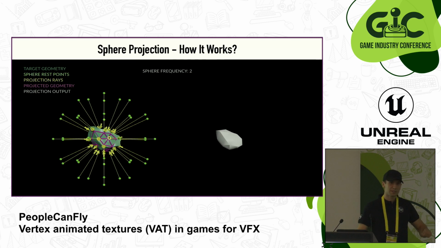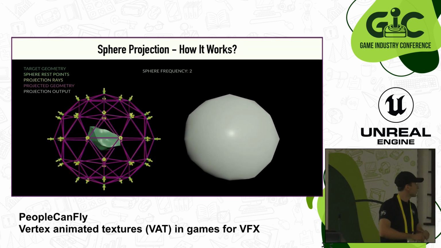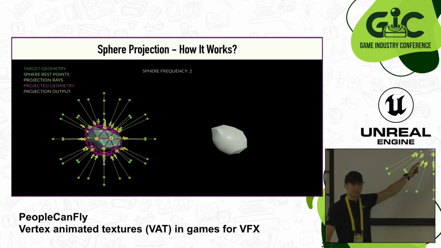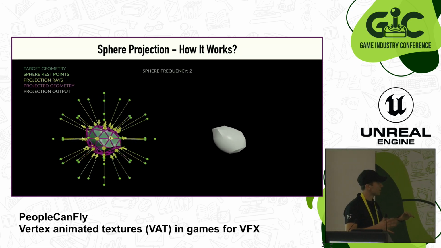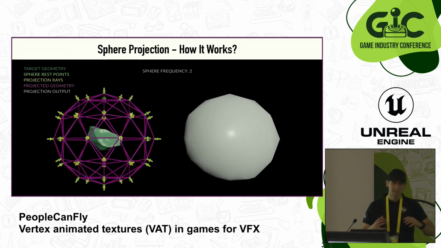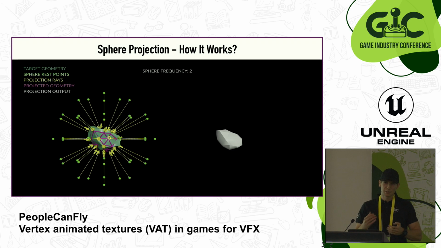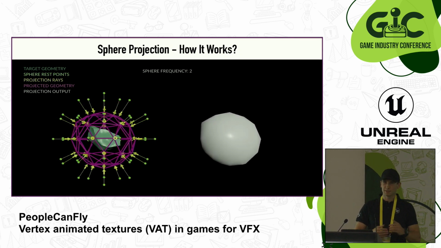And this is basically the geometry of this sphere projected on a target piece, which is represented by the green color here. And you can see that by just doing it, we are able to take the vertices from a sphere, and each chunk will have the same count of vertices. So with this we will be able to use the VAT technique that Pavel showed you before.